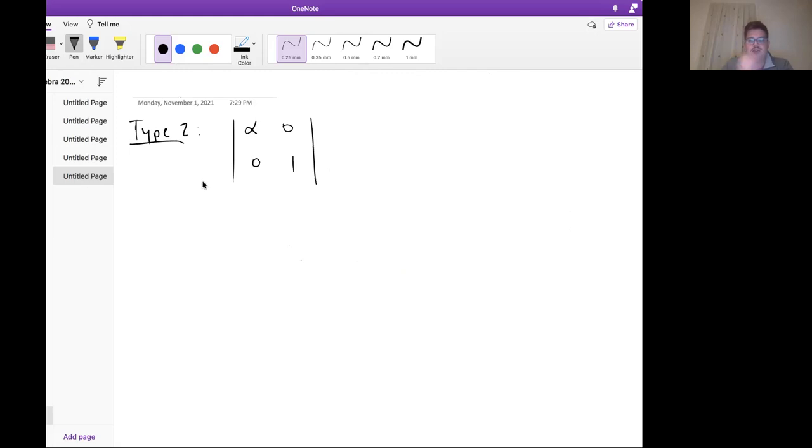Yeah, so let's just do a type 2. First of all, what type 2 row operation is this? What are you multiplying? Which row are you multiplying by alpha?